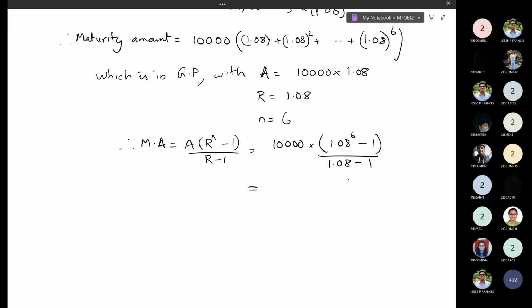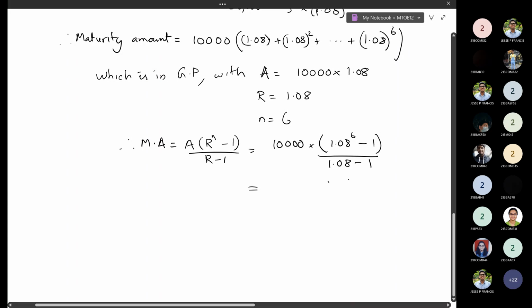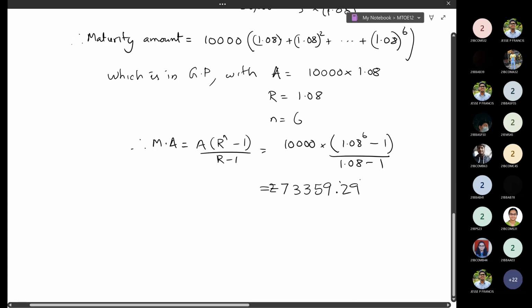So the answer is 73,359.29 rupees. So investment is rupees 50,000 in total. Return is rupees 73,359.29.